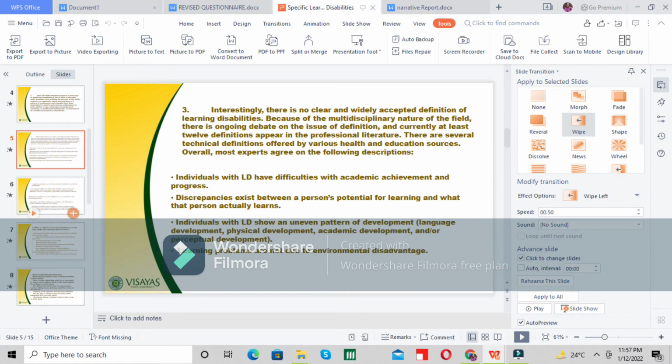For example, a child is good at language, or good at speech, but he or she is not excelling in physical development or even academic development. So just like that.